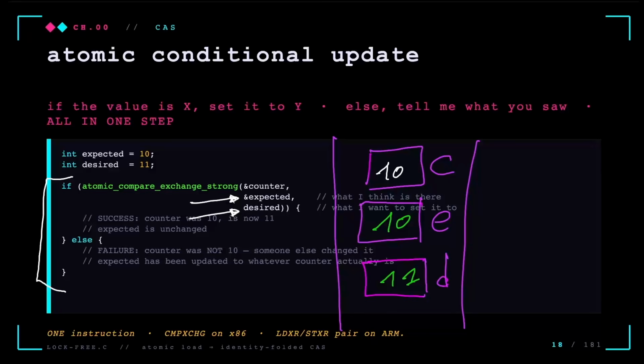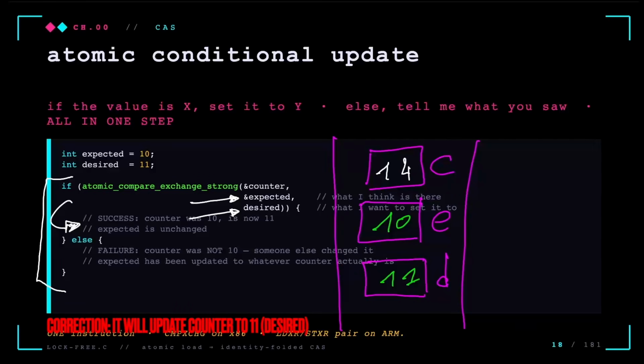What atomic compare exchange is going to do is compare the expected with the actual counter, and since they match, it's going to update the value of the counter to 11, and it's going to succeed. So basically it's going to enter the block, it's going to return true.